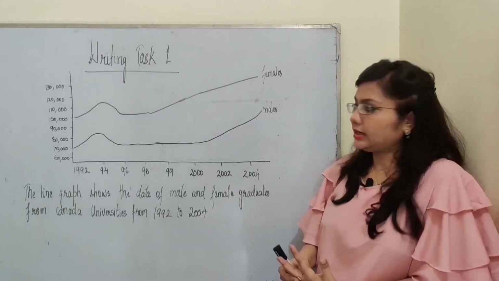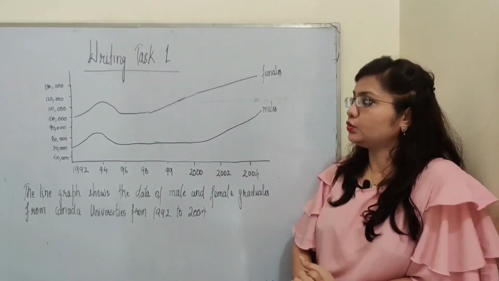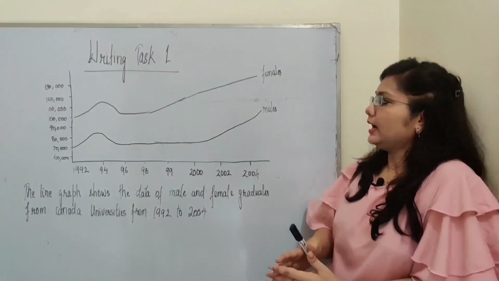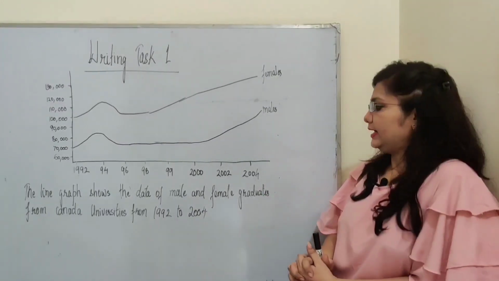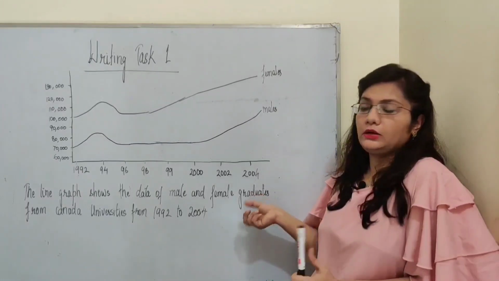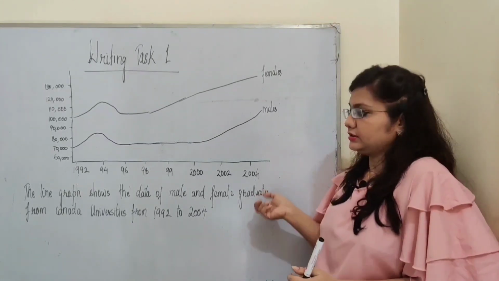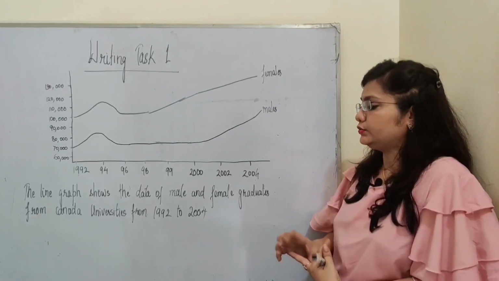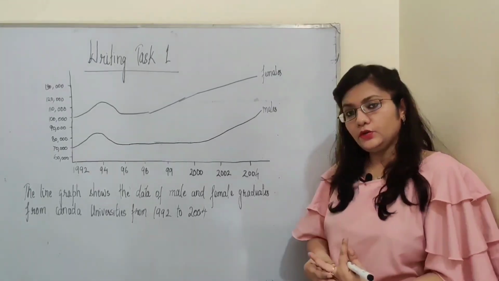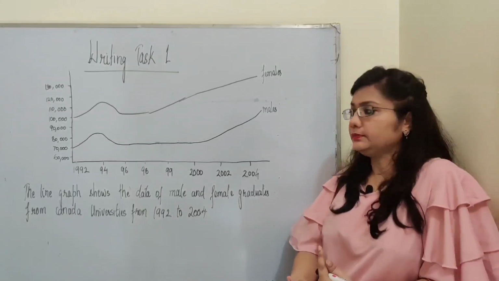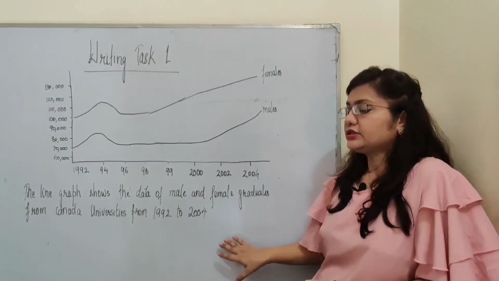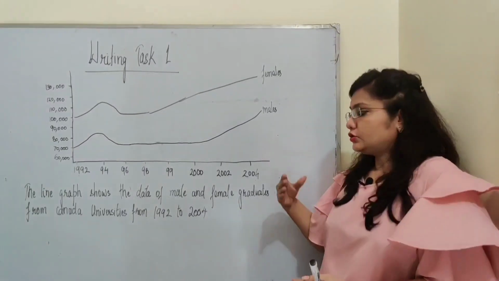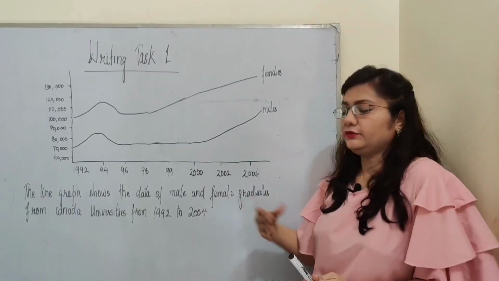So today's task is given to us in the form of numbers, and it is between male and female, and they are talking about how they did their graduation from Canada University from 1992 to 2004. So whenever you are going to write an introduction, do not just copy it. Try to use some different words.